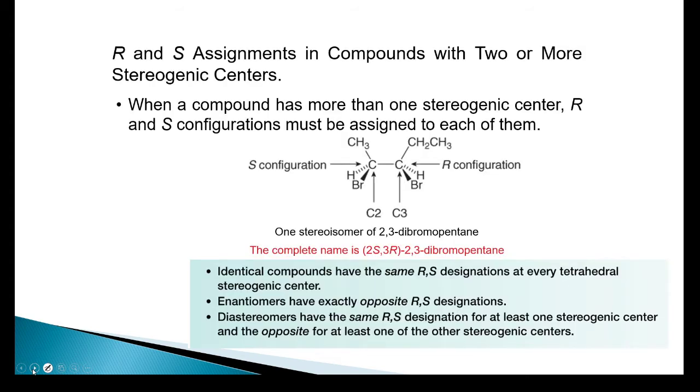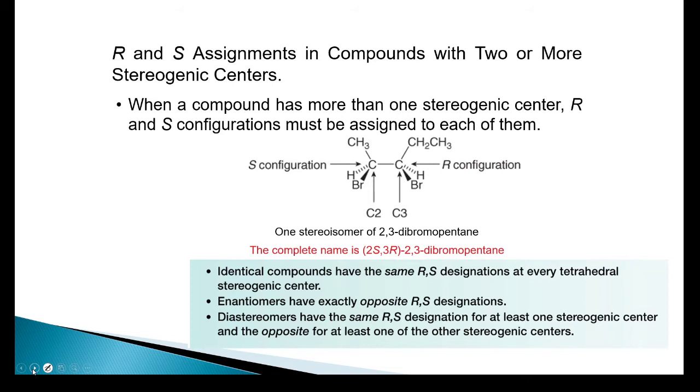Okay, so each stereogenic center has to be signified with R and S. Each one has to be designated R or S, and it helps a lot if you just assign your hydrogens towards the back right away. If not, you're going to have to rotate and twist.